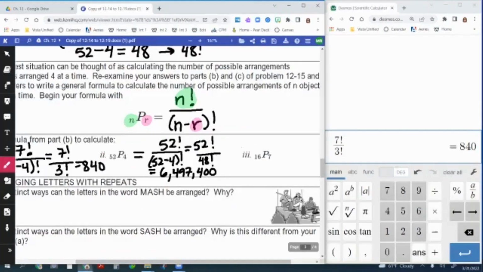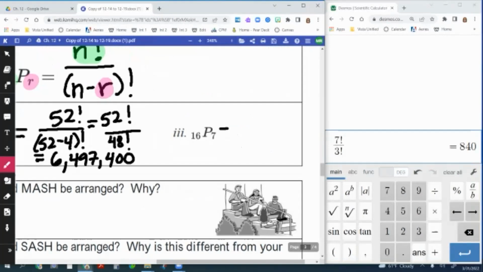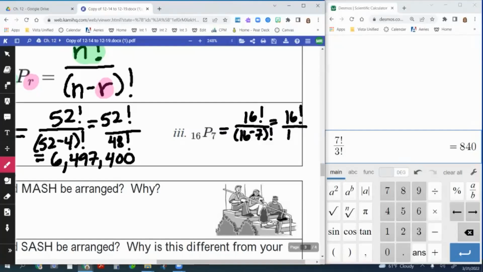And then this 16P7 is going to be 16 factorial over 16 minus 7 factorial. So that's going to be 16 factorial over 16 minus 7, which is 9 factorial.